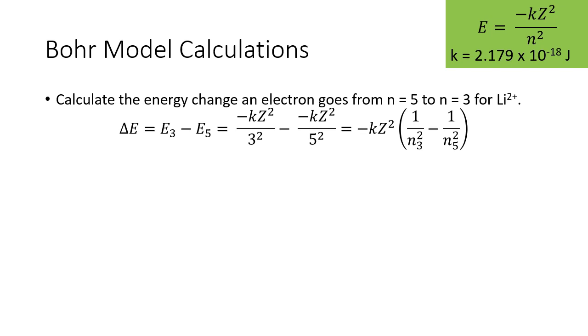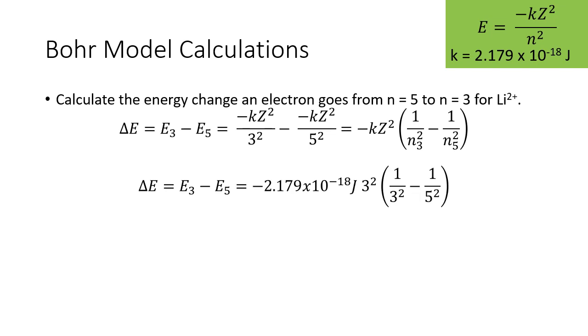To figure out our z, we go to the periodic table. Lithium has a z of 3. Then we plug in the values and we solve. Once we have solved this, we get a negative number, negative 1.39 times 10 to the negative 18th joules.